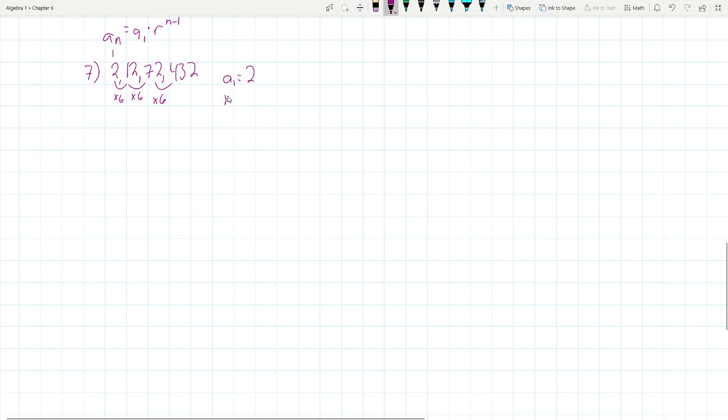The second thing is my rate, my change in multiplication, so I'm multiplying by 6. That's a whole number. So in order to find the nth term, a sub n, that's going to be this 2, because that's my first term, times the rate, which is 6, raised to the n minus 1.